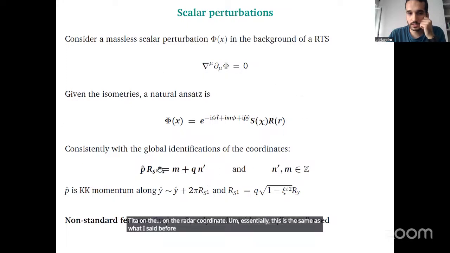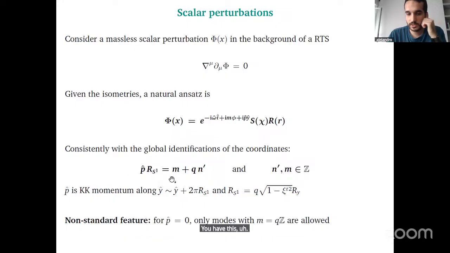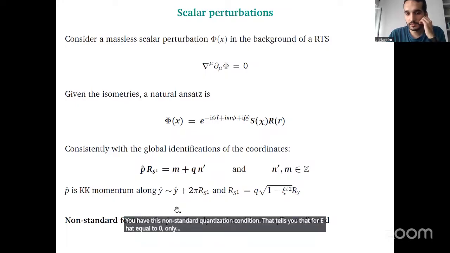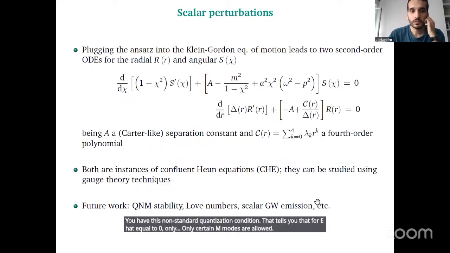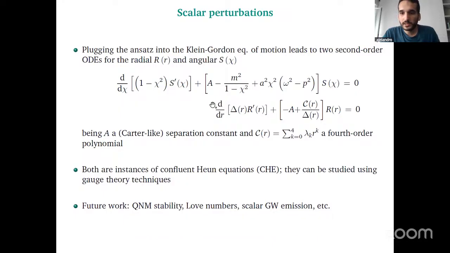Because of the identifications of the coordinates, you have this non-standard quantization condition that tells you that for p hat equal to 0, only certain m modes are allowed. Then you plug this ansatz into the Klein-Gordon equation.